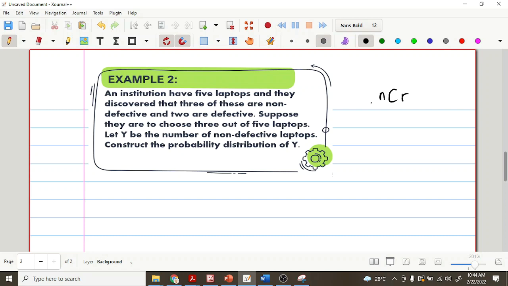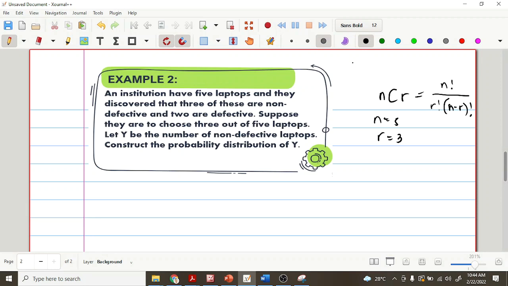So in our example, n is 5, r is 3. So ang formula natin ay nCr. So n factorial all over r factorial times n minus r factorial. So ano yung factorial?